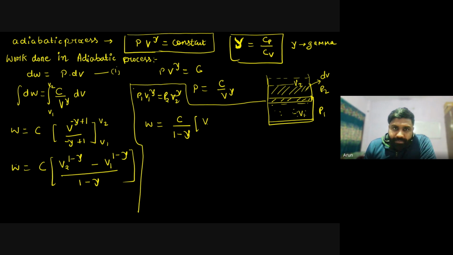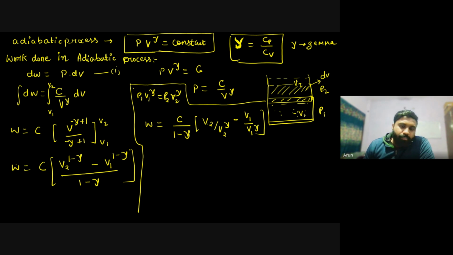So in terms of pressure, you can put V2 raised to the power gamma, which will become P1 V1 raised to the power gamma divided by P2. So you can put it here. It is V2 upon V2 raised to the power gamma, because 1 minus power of gamma will go in the denominator, minus V1 over V1 raised to the power gamma.